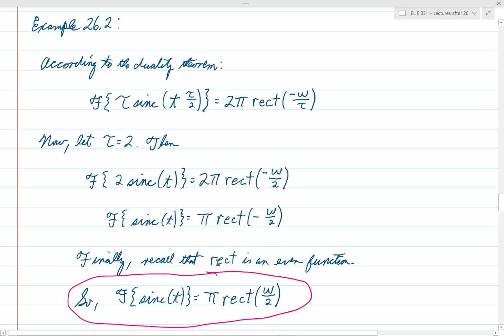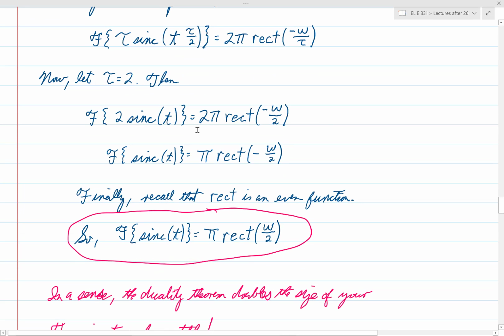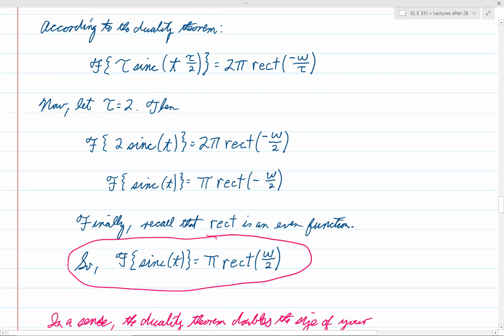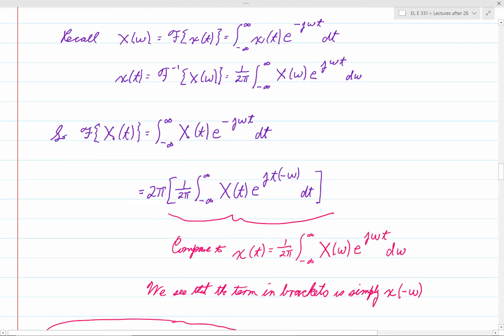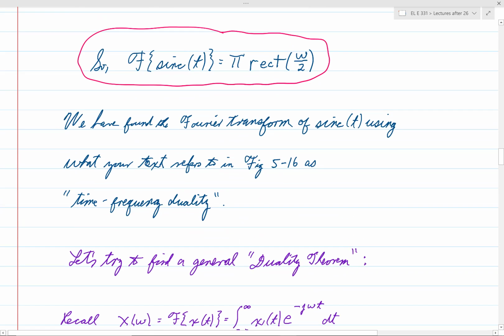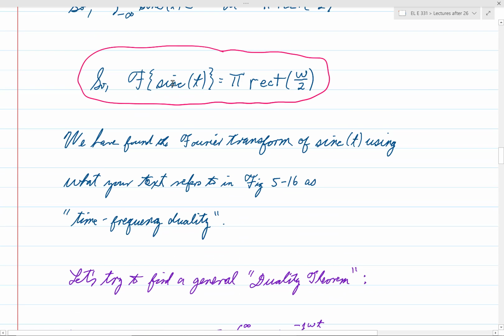And remember that rect is an even function, and we are done just that quickly. So the Fourier transform of sinc of t is pi times the rectangle function of omega over 2, which is exactly what we found before right up here, but with much more work.